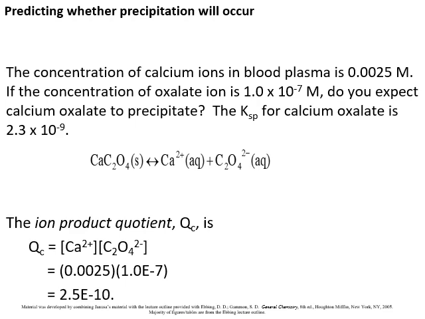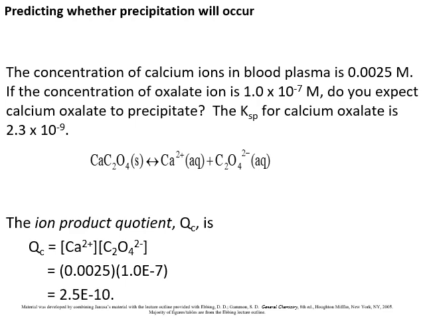So in other words, what you want to do is find out what Q is, the numerical value, and then compare it to K. Because this one is so easy, just 1 to 1 to 1, the Q value will just be the concentration of Ca2+ times the concentration of C2O4 2-.